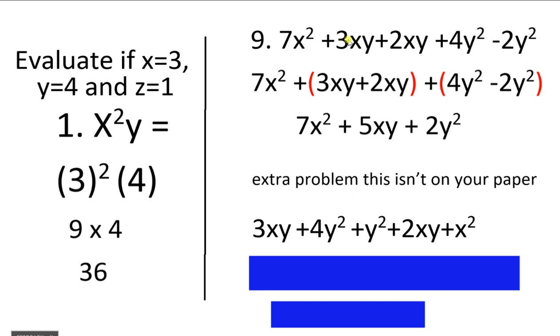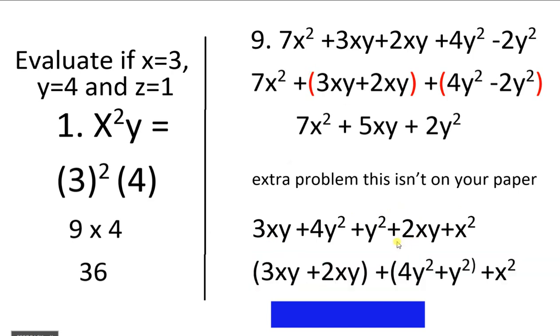Up here they have your like terms grouped together, and as you go through the rest of the book, it'll mix it up on you like this. So here you see here's a 3xy and over here's a 2xy, so they're not actually grouped together like they are up here, but you're still going to do the same thing because it's addition. So like I said, be very careful when you're doing these that you pay attention to your sign.